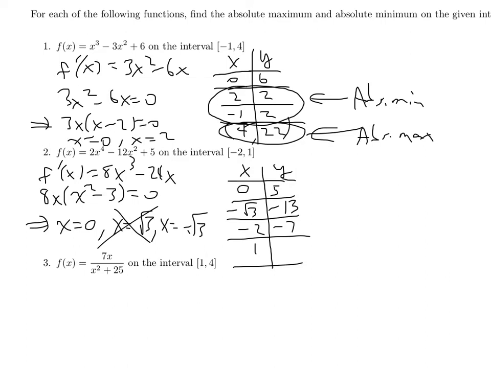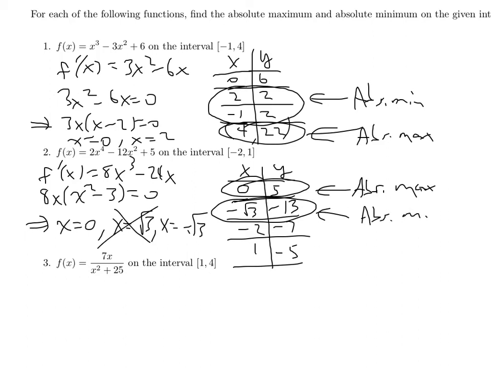And finally, when I put 1 in, that's easy. 2 minus 12 is negative 10, plus 5 is negative 5. So of these values, there's only one that's even positive, so this is my absolute max. That's the biggest y-coordinate that I see. And the smallest y-coordinate that I see is here with a y-coordinate of negative 13. So that must be my absolute minimum.